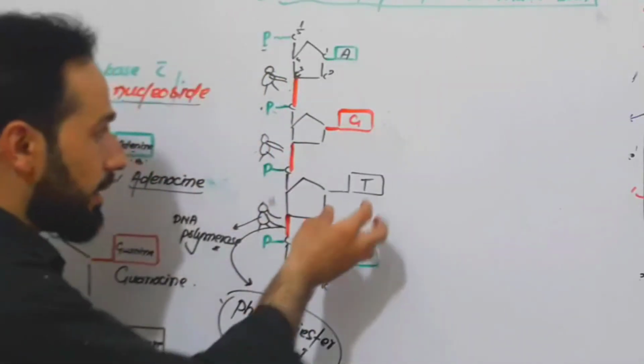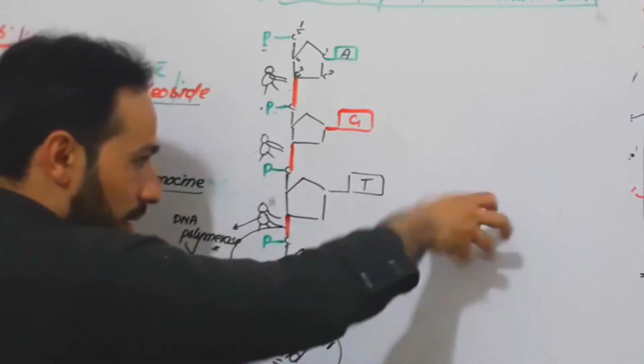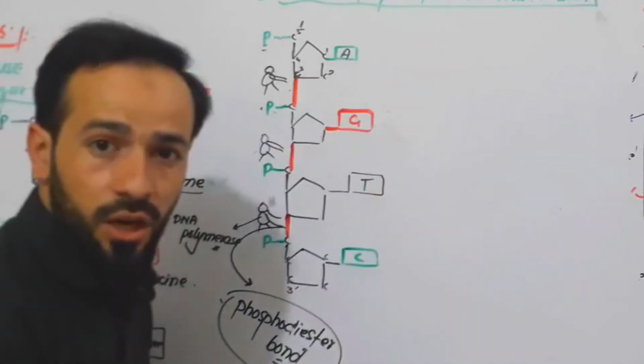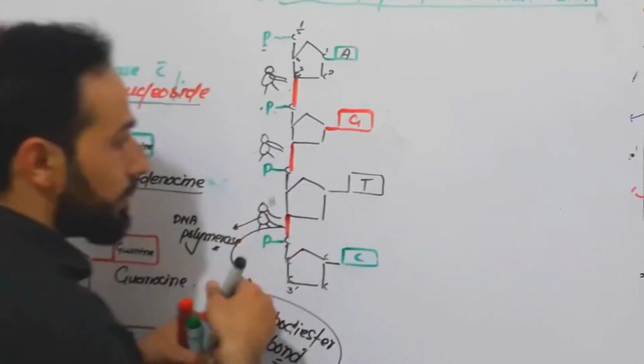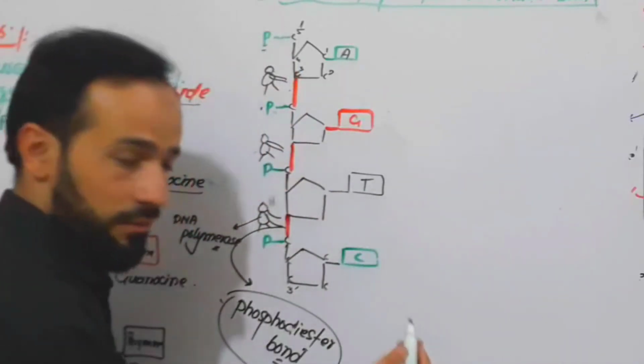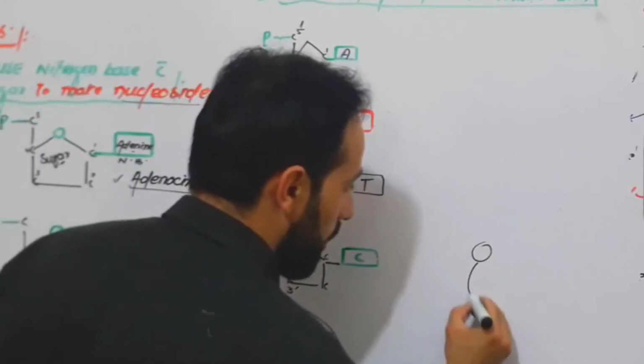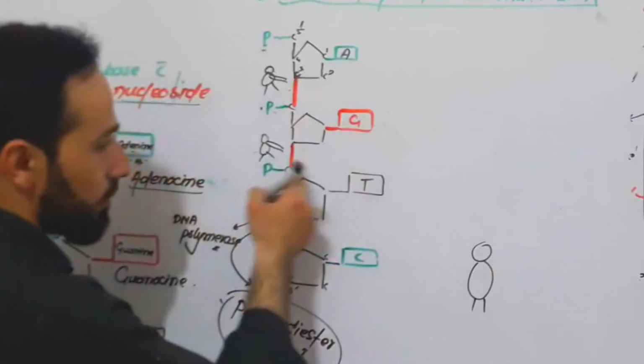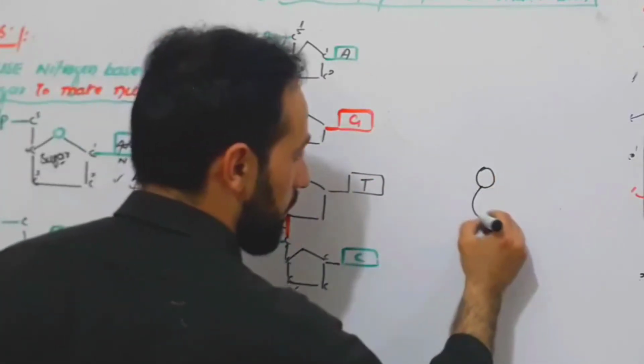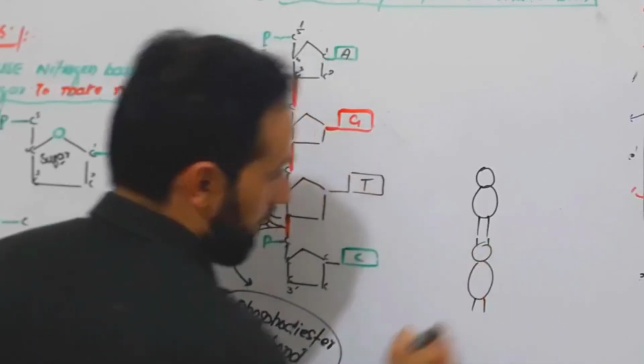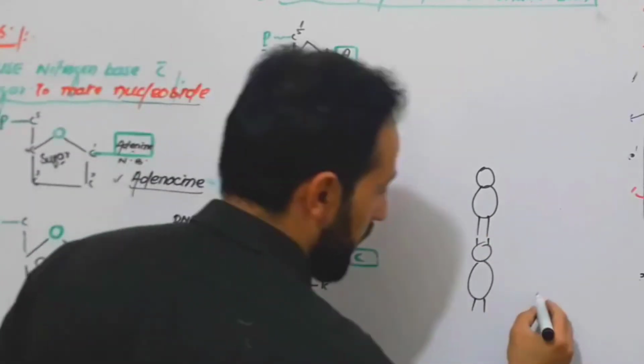In order to make the other strand, the enzyme will read all these nucleotides and will combine them upside down, right? Look, I'm drawing a very simple diagram. If these nucleotides are all like this, but this side's nucleotides will be like this.